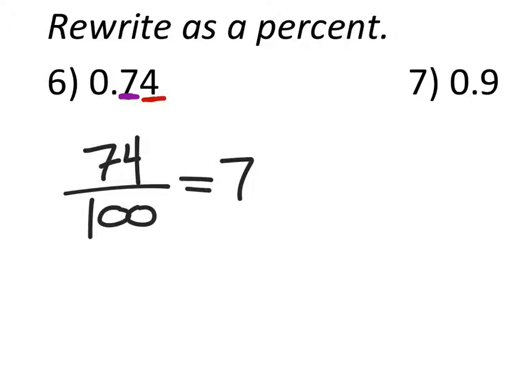But since it's 74 hundredths, it would be 74%, 74 out of 100. Hopefully we can go back and forth between these, right? If we were to move this decimal over, we'd get the same answer that we started with, so we know that we've done that correctly.